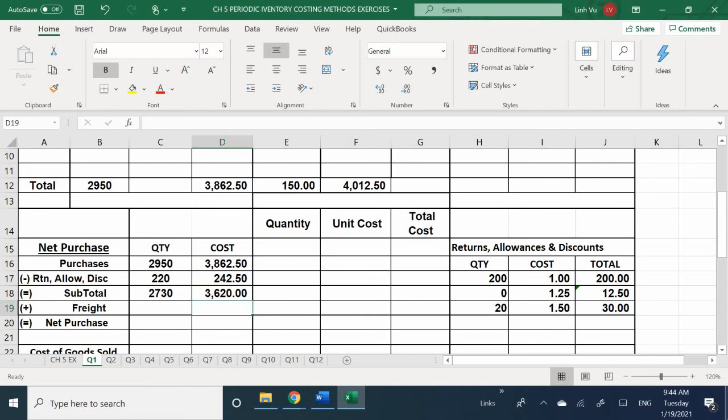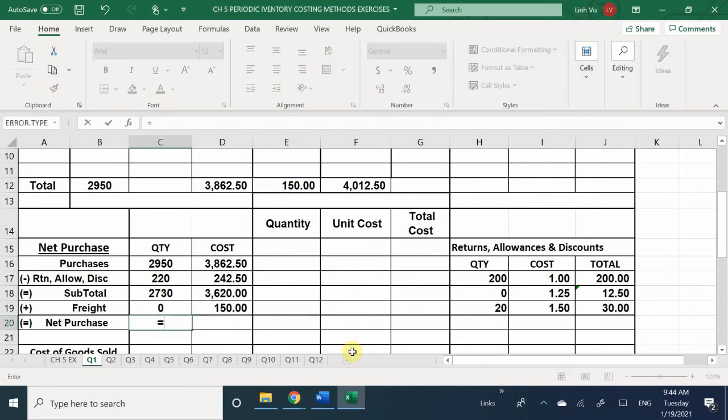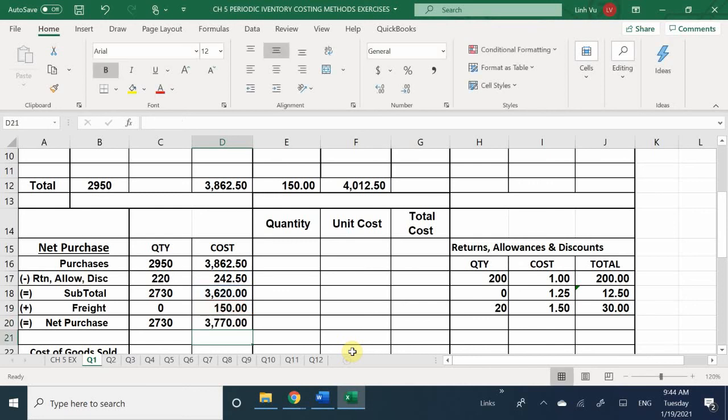Okay? So now we can go ahead and add our freight in, right? Freight doesn't have any effect on quantity, but it does have an effect on the cost. So here I have a total of 2730, and what is my total cost going to be now? 3770.